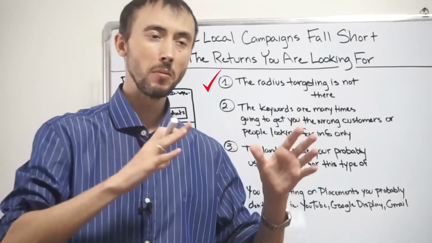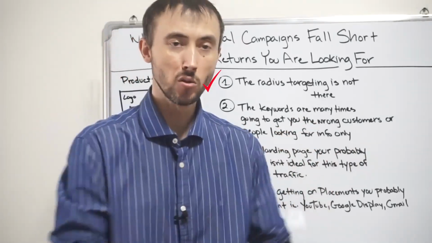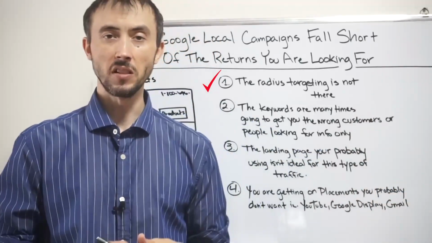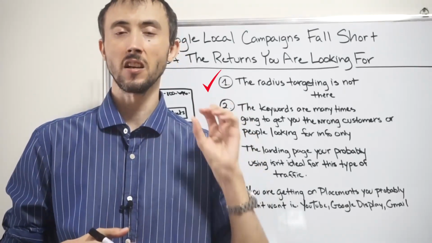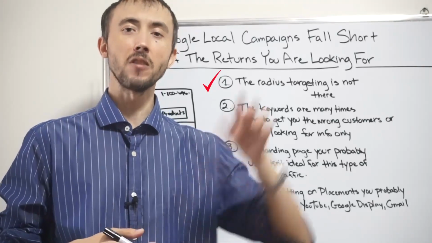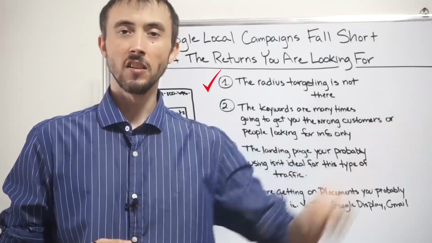But you want to be in the driver's seat and determine how much, instead of just giving Google the reins and saying, you determine how far out I should be seen. You want to go ahead and split test this, because this is the main thing that's going to determine your success rate with a campaign. If you're a dentist trying to advertise to people 10 miles out of your clinic, you're going to lose your ass.